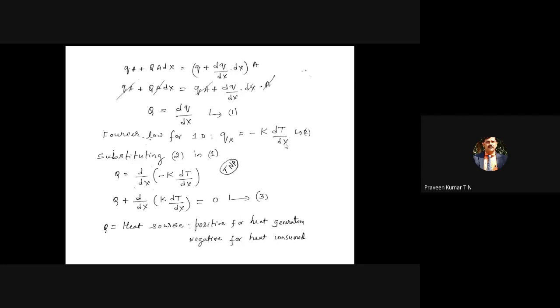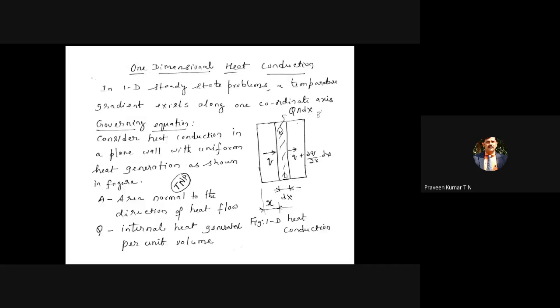In regular heat transfer, using the same Fourier law, the denominator is L. Here L is replaced by dx because we are considering a very small elemental length dx. Don't confuse the notation: dx is the length of the element, and dT by dx is the temperature difference from one end to the other.